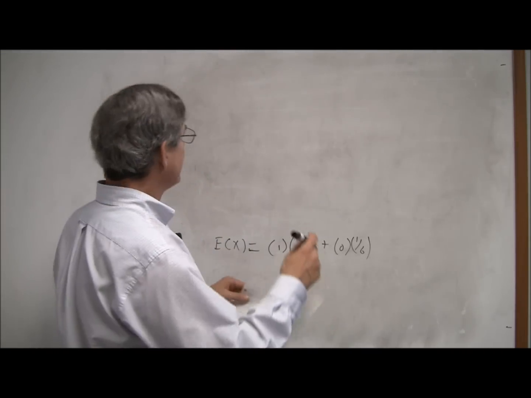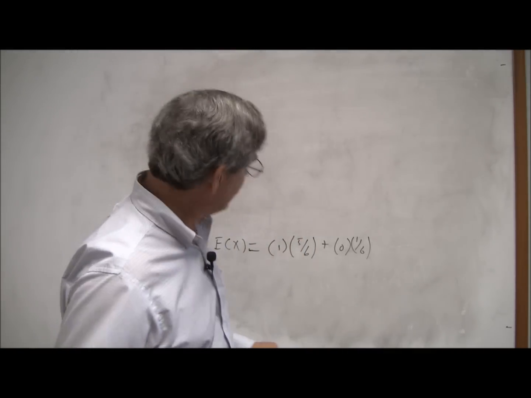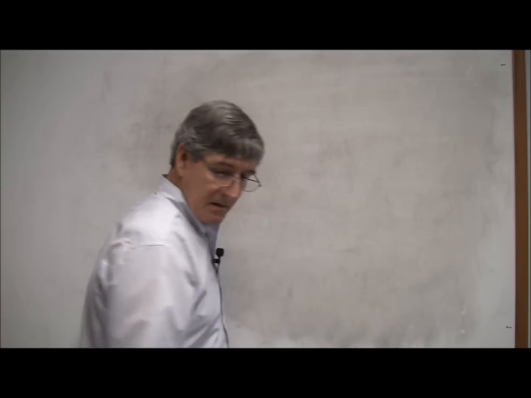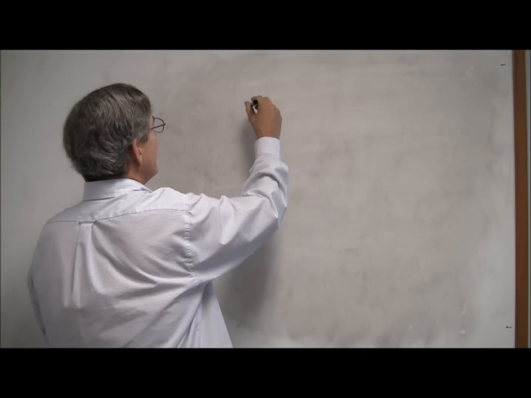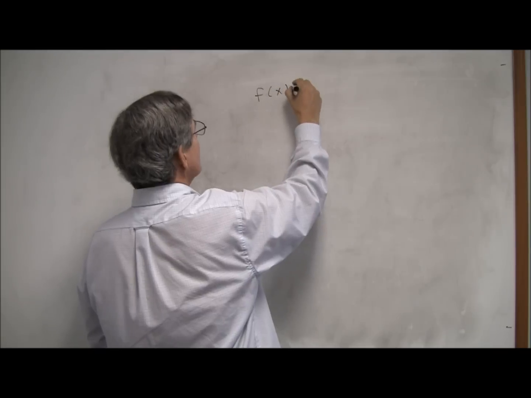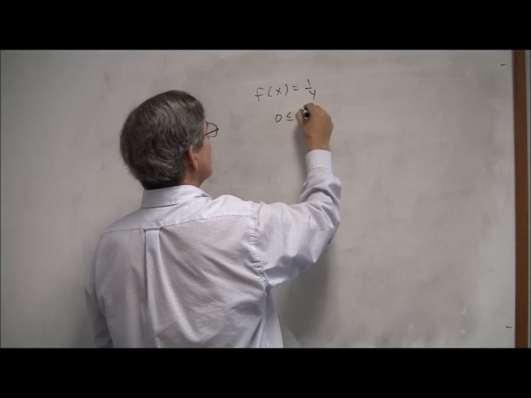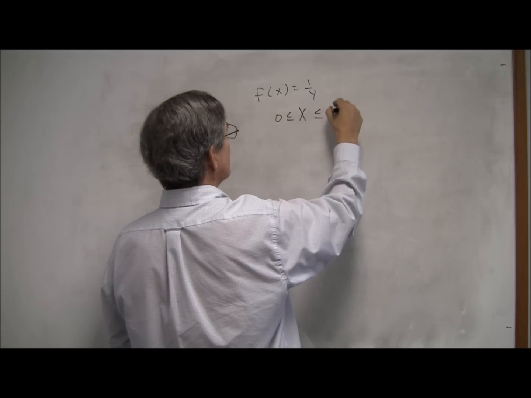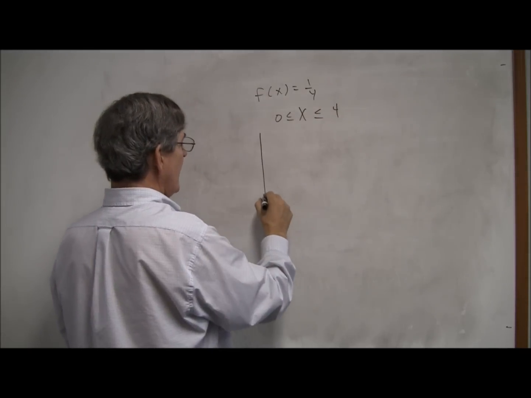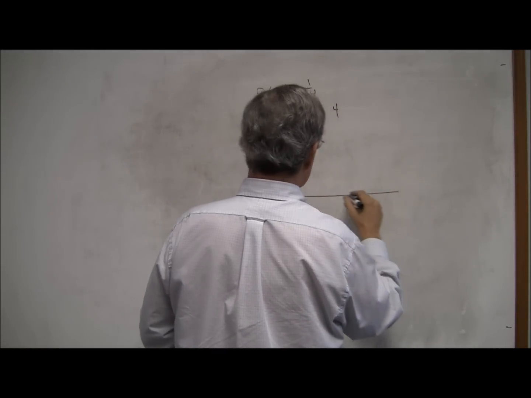Remember that uniform distribution that we did earlier, where in this case f of x is equal to 1/4 for 0 less than or equal to x less than or equal to 4? And what that looked like was a PDF that looked like this.